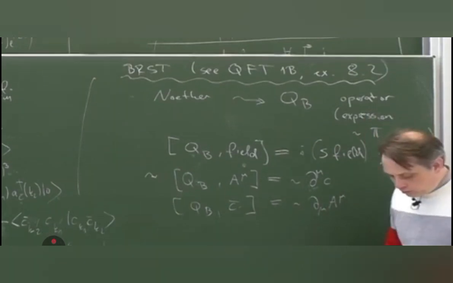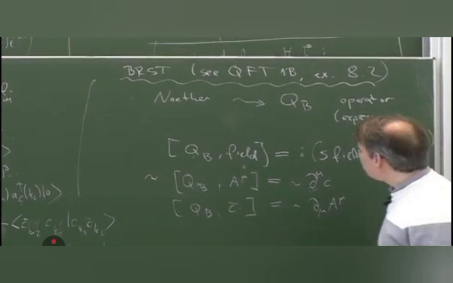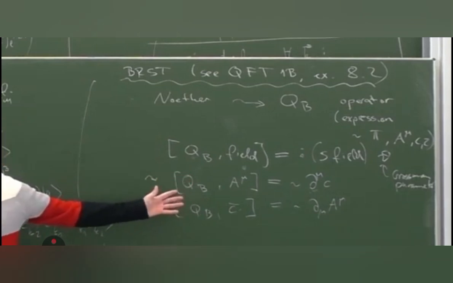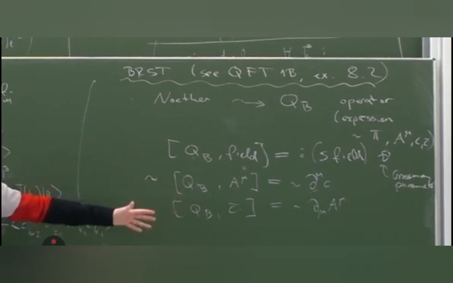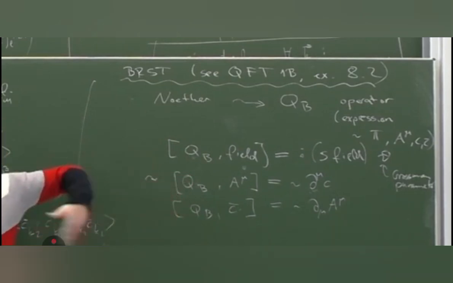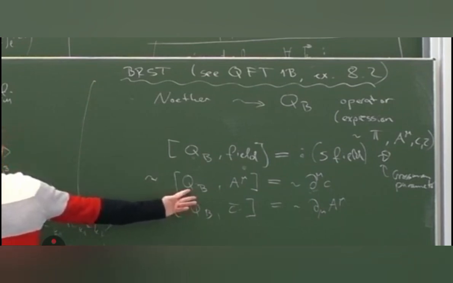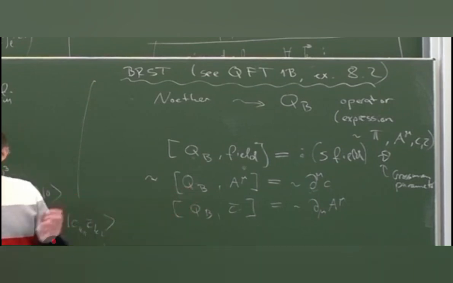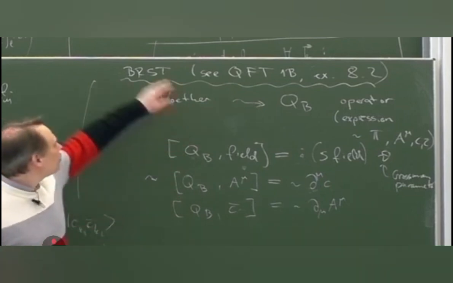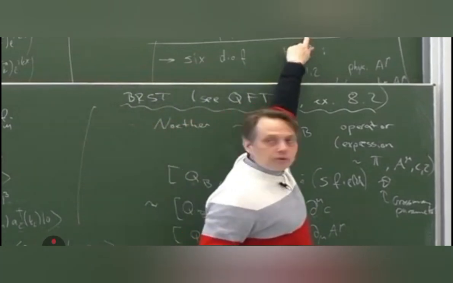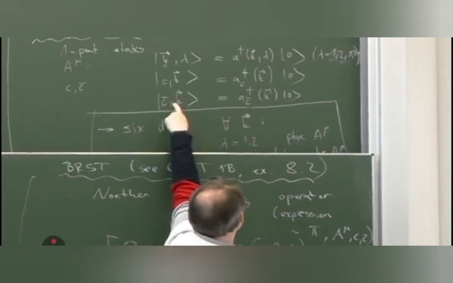Okay. So, I have now to clean the blackboard, but what we can now derive from this, in principle we could stop here, but we can now make it even more explicit and derive commutation relations with the creation operators. And this gives us the information of the BRS transformations of the states. If we know how the BRS transformation of all these creation operators is, you can infer what is the BRS transformation of those states.